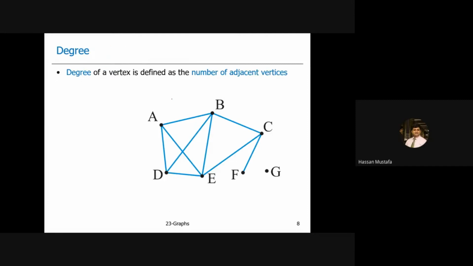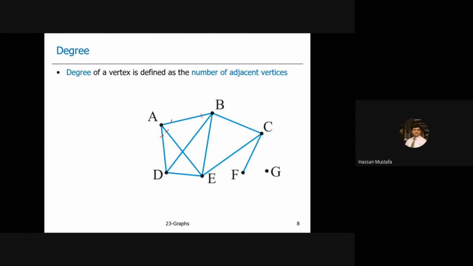The degree of a vertex is how many edges are incident on a vertex. For this vertex A, if I want to know the degree, I would just count the number of edges. There are 3 edges incident on this vertex A, so the degree of vertex A is 3.